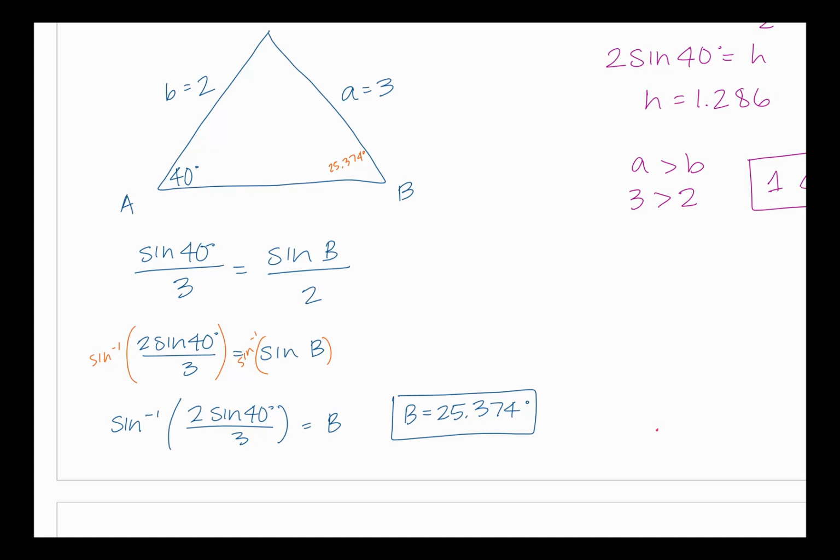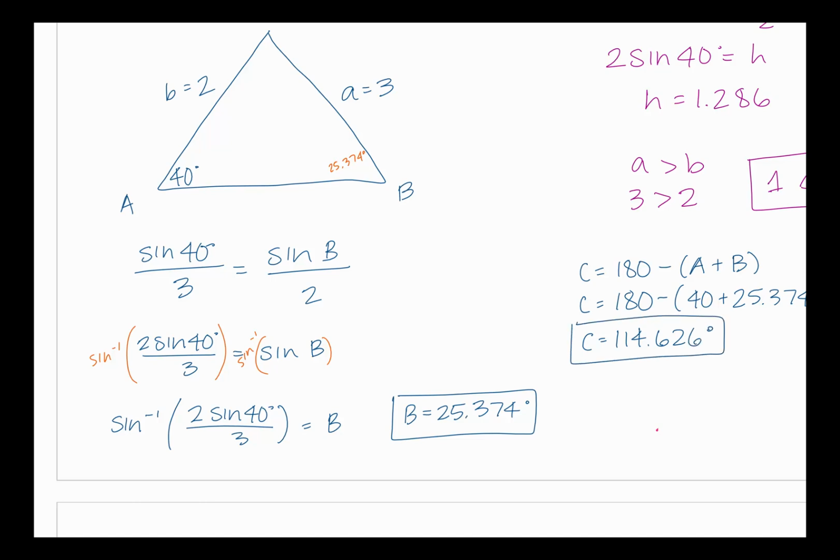So the best way to figure that out is to do that C is equal to 180 minus A plus B. So C would be equal to 180 minus 40 plus 25.374, because we know that all of the angles in the triangle add up to 180. And so what I'm left with for C is 114.626 degrees. And so we can write that in if that helps us.